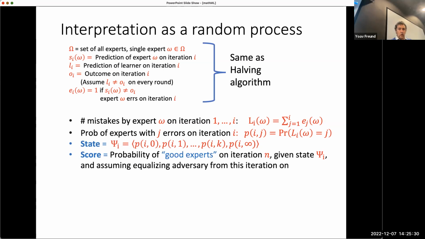Okay, so the score in this case is the probability of good experts on iteration N. So given the current state and assuming equalizing adversary from this iteration on, right? We don't know how we got to this iteration. Maybe the adversary was worst case, maybe they weren't worst case. But our bound is based on assuming from now on, there'll be worst case.